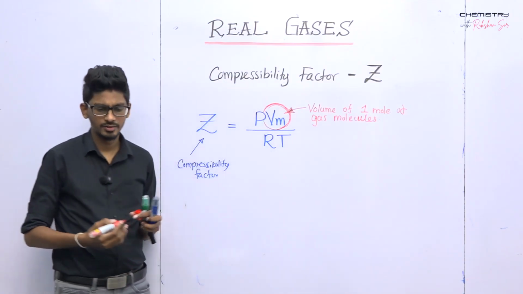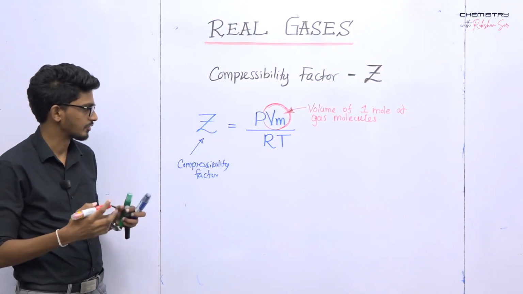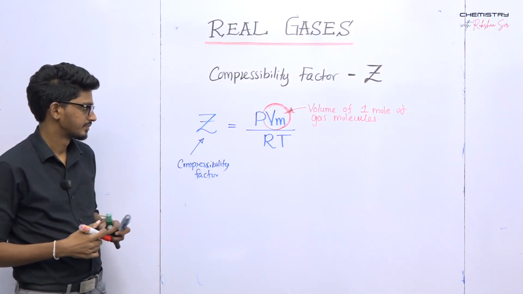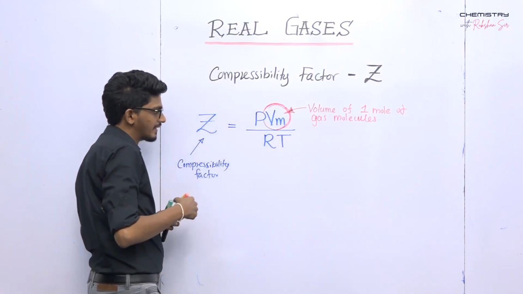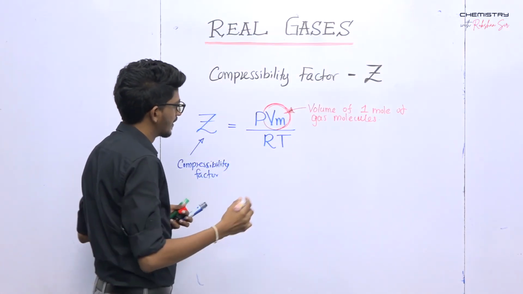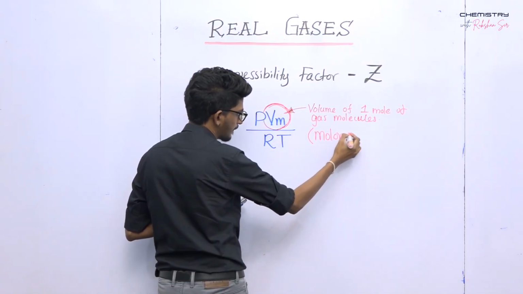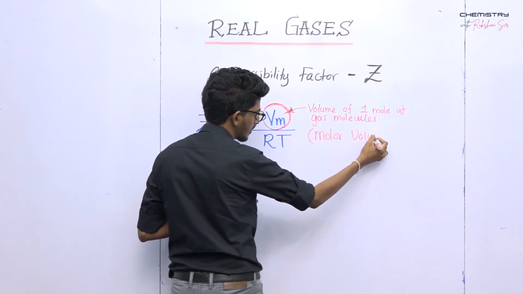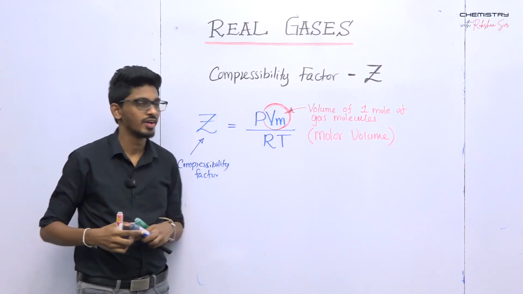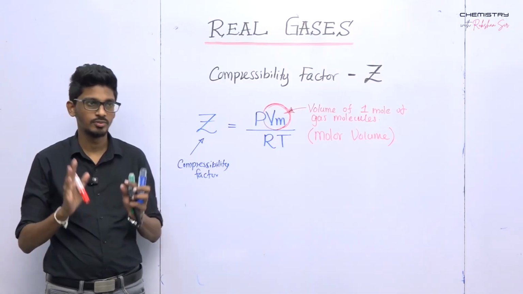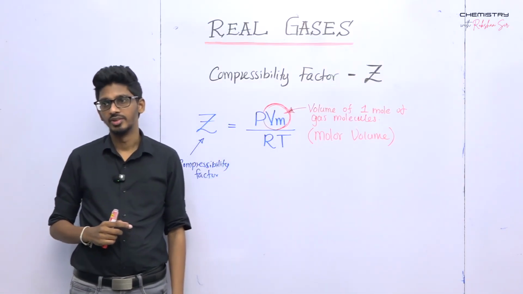Volume of 1 mole of gas molecules is referred to as the Vm. In other words, it is referred to as the molar volume. So Vm is the molar volume, or one can say volume of 1 mole of gas molecules. Not just the volume of the gas, but it is the volume of 1 mole of gas molecules.